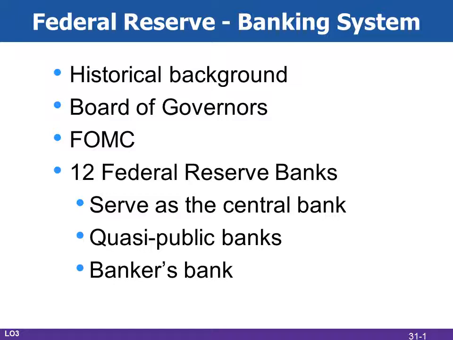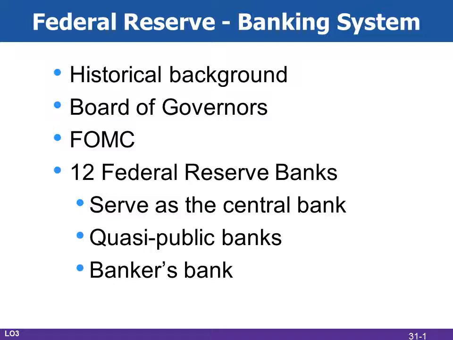So instead of having one bank in this very large, vast country, we have 12 regional banks which serve as our nation's central bank. So in each one of those, like I said before, has a president, which makes more sense because, if you think about the diversity and the size of our economy, we have agriculture, we have mining, we have financial industry, we have manufacturing, we have technology out in Silicon Valley.